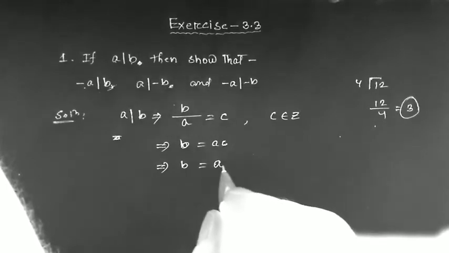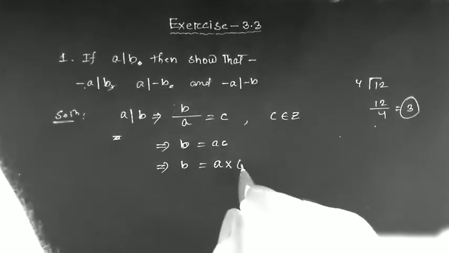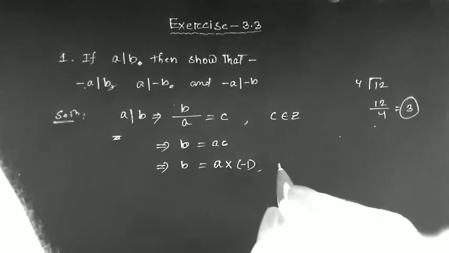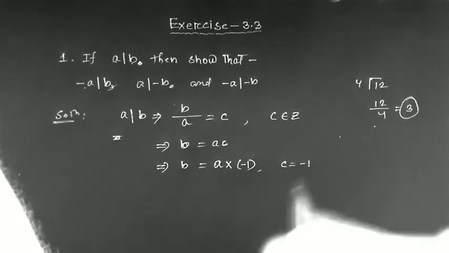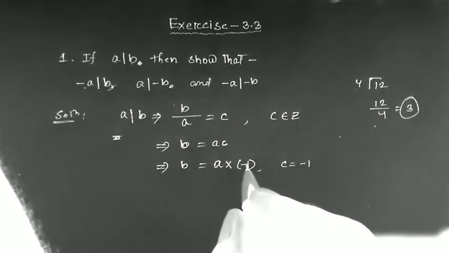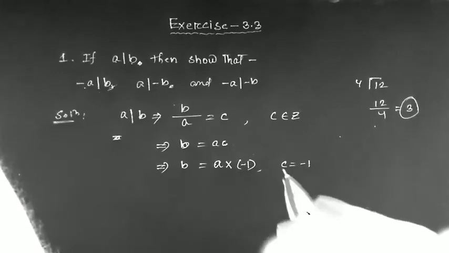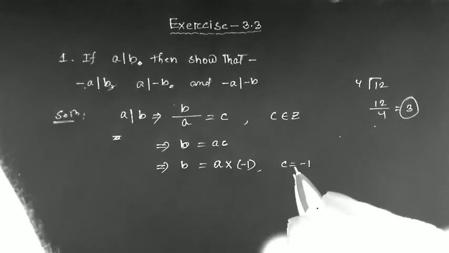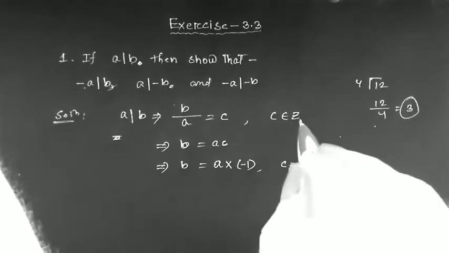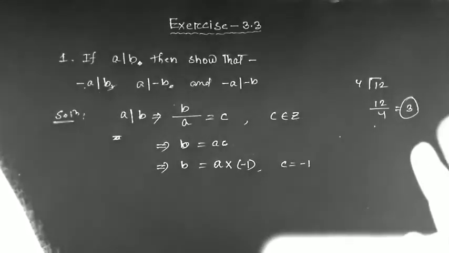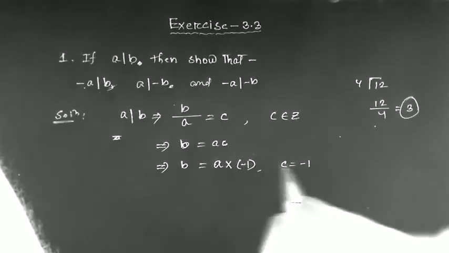Why am I putting minus 1? You can put minus 2, minus 3, minus 5, anything, because c belongs to Z, so c may be any value. I have considered minus 1.